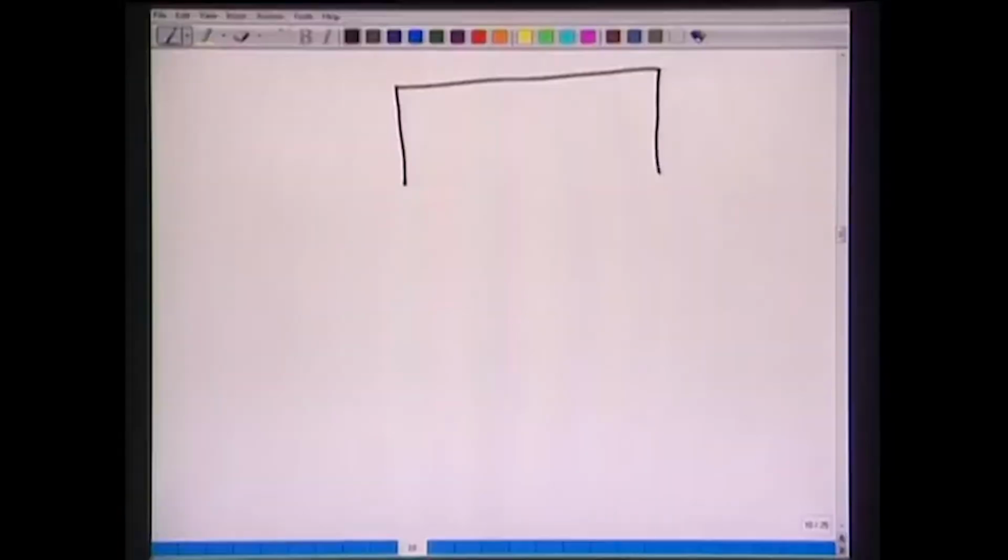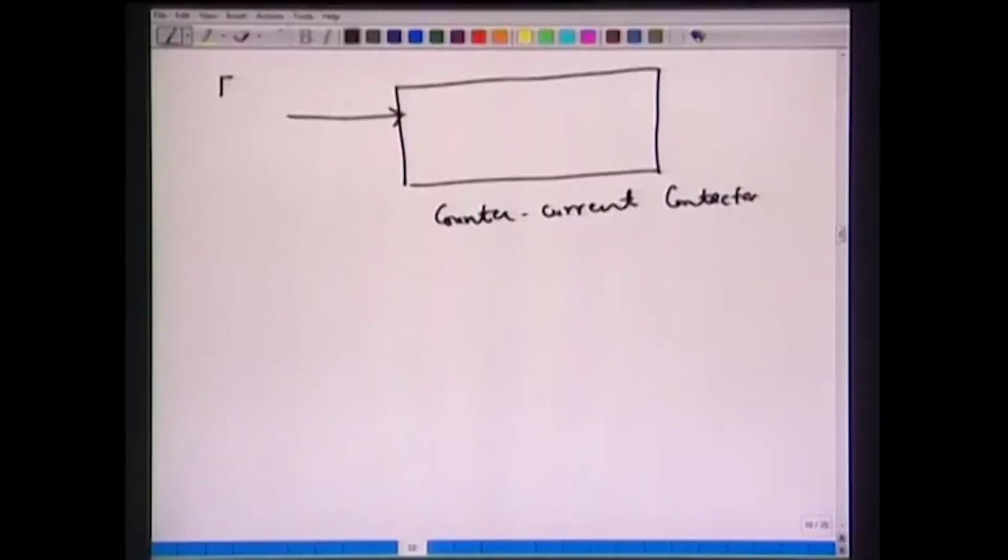So we have counter current contactor, and now let's assume that this phase E, so we have E1 here and the mole fraction Y1, so 1 and 2, and now we bring the R phase in the opposite direction from the other end, so we have R2 and X2, so 2 means the second end, so this stream enters here and leaves here, so this becomes now R1 and X1, and we have this stream which is now as E2 and Y2.